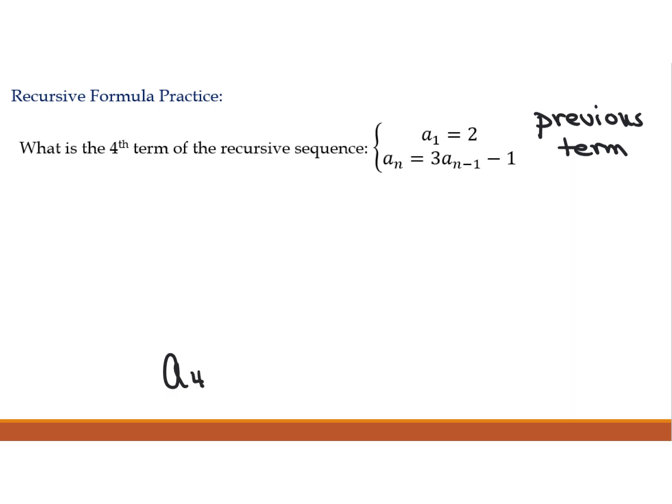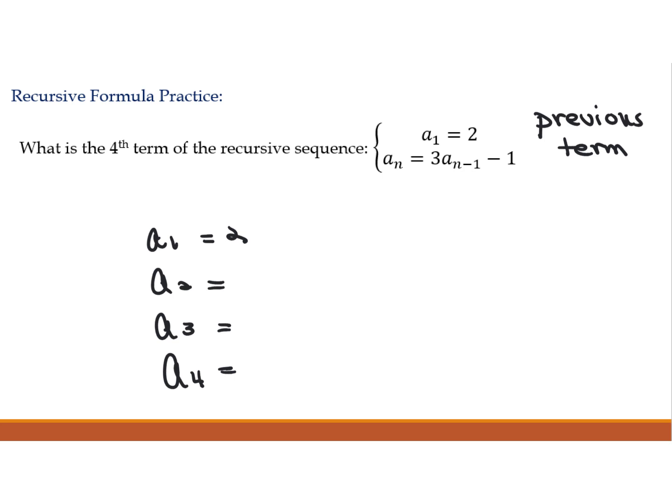To find a sub 4, I must know a sub 3, and I do not. To know a sub 3, I must know a sub 2, and I do not. To find a sub 2, I must know a sub 1, and I do. A sub 1 is equal to 2.